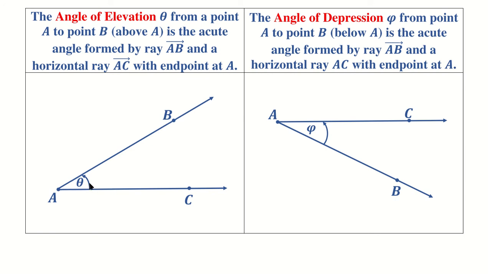And then you're going to measure the angle that this ray AB makes with that horizontal ray, and that is the angle of elevation. The angle of depression phi from point A to point B, somewhere below A, of course, is the acute angle formed by ray AB and the horizontal ray through C with the end point at A. So again, you want to know what's the angle of depression from here to here.